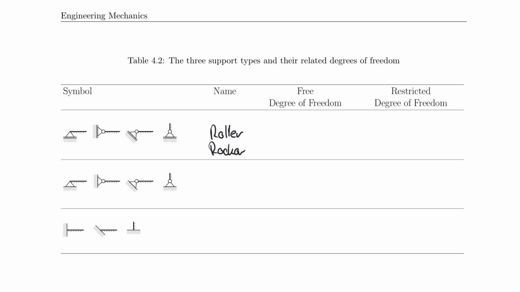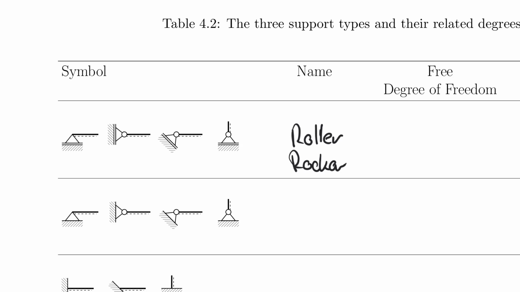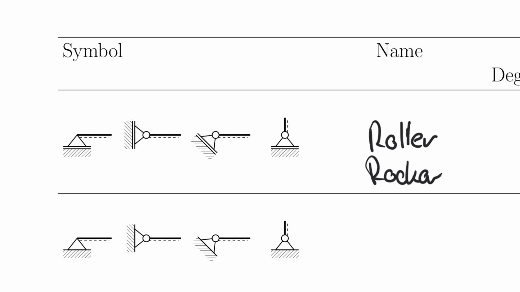So if I apply, let's say, a coordinate system to the entire roller, then let's say that for this one here, I have an x-axis, and then here I have a y-axis.